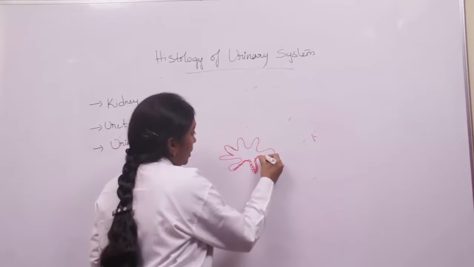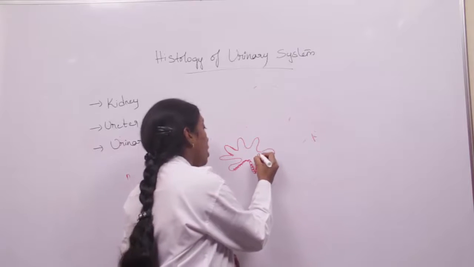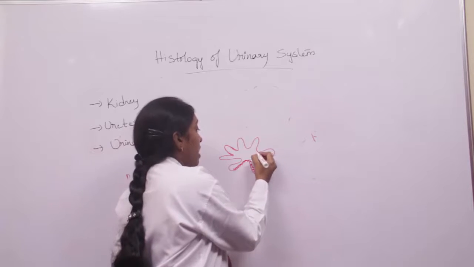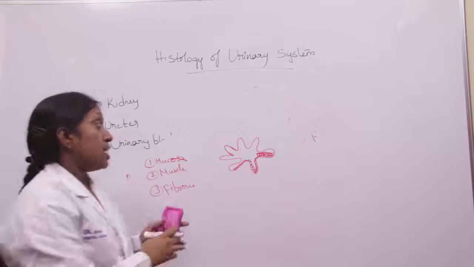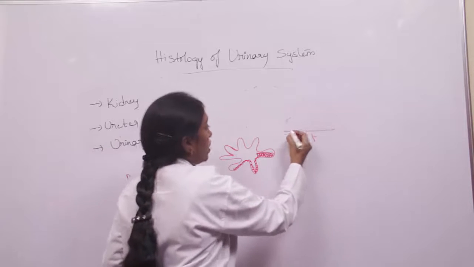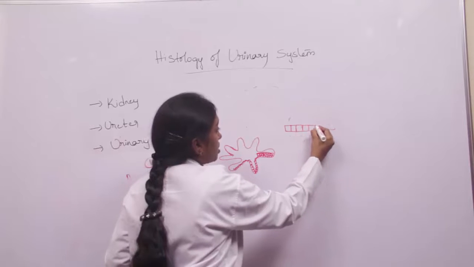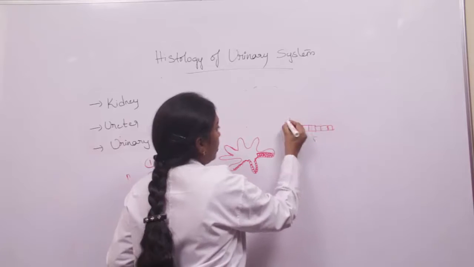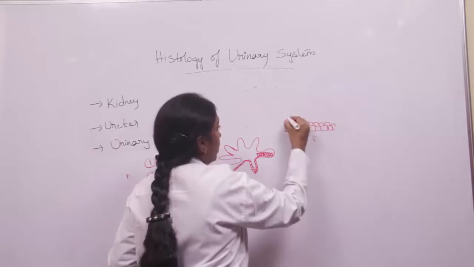In the transitional epithelium, you will see the basal cells are cuboidal or columnar, then outer polyhedral cells in 4 to 5 layers, and the outermost cells are umbrella-shaped cells. So the characteristic feature of the ureter is transitional epithelium.